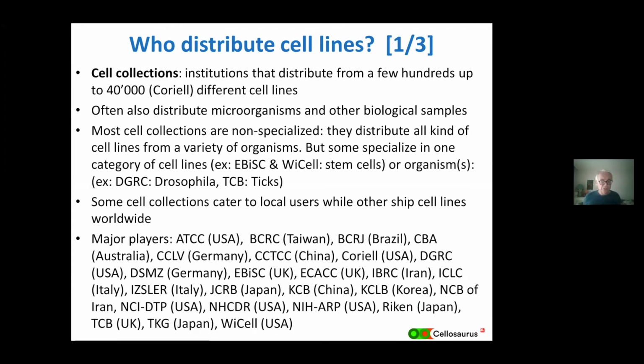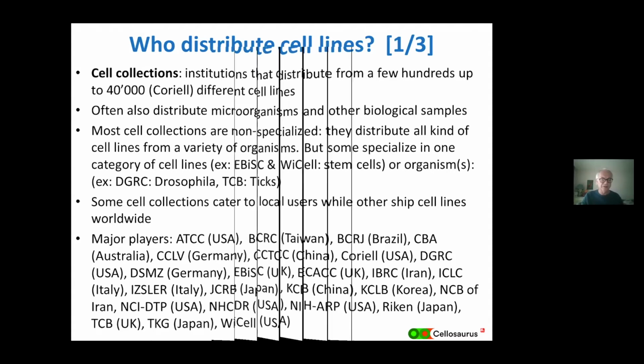Here, and I'm not going to read it, you have a list of the main cell collections, and you immediately recognize the first one in alphabetical order, which is also one of the best known: ATCC, in the USA, which distributes cell lines, microbes, viruses, and also DNA samples and so on. Those collections are quite important in the ecosystem of cell lines. And because they provide not only cell lines but also information on the cell lines, they're also important in this respect. We'll come back to that in a few minutes.